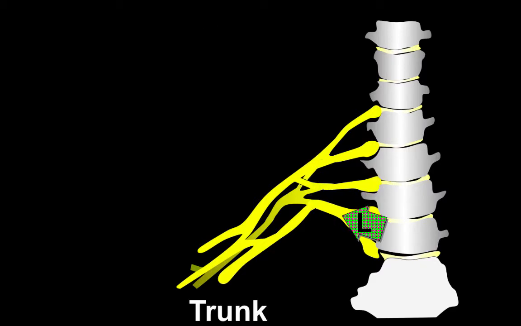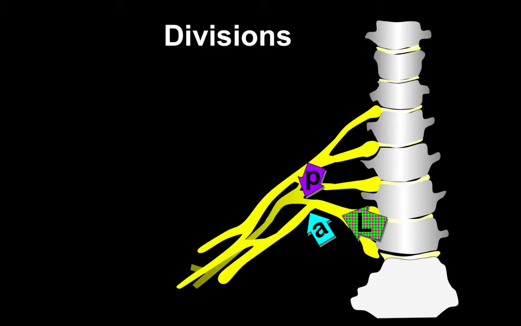The lower trunk divides also into the anterior and posterior divisions. So we have 3 anterior divisions, 1 from each trunk, and 3 posterior divisions, each one arising from each of the trunks.